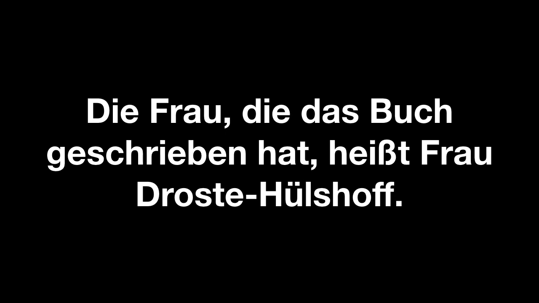Here's a great sentence. Die Frau, die das Buch geschrieben hat, heißt Frau Droste-Hülshoff. All right, so we got this die das thing. It's not the. The first die is the relative pronoun, the woman who.